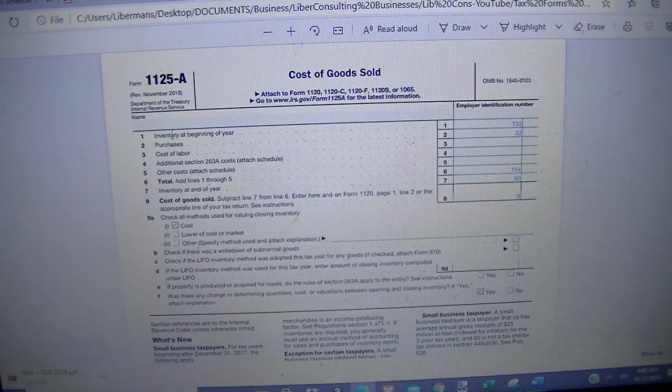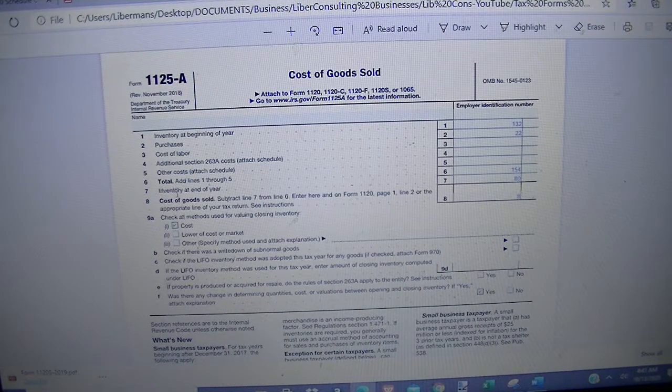By inventories, we are not talking about quantities, we are talking about costs. So the cost of the inventory at the beginning of the year, plus the cost of purchases of goods, anything related to your inventory, when you add those two and you take the cost of inventory in stock out of it, that will give you the cost of goods sold. So this cost of goods sold will have a portion of the interest paid for the credit cards that you use to purchase goods.